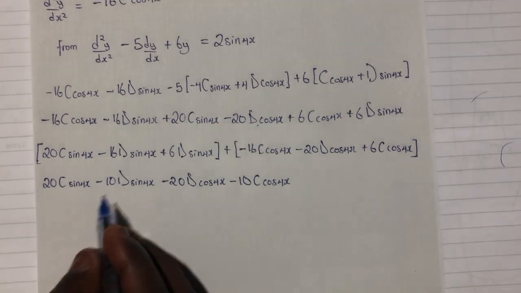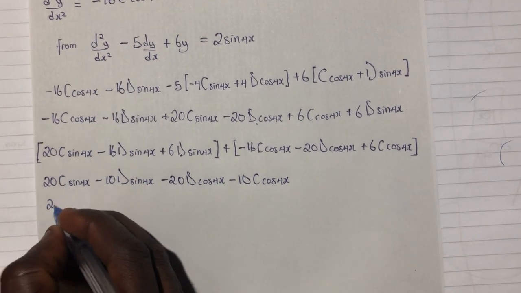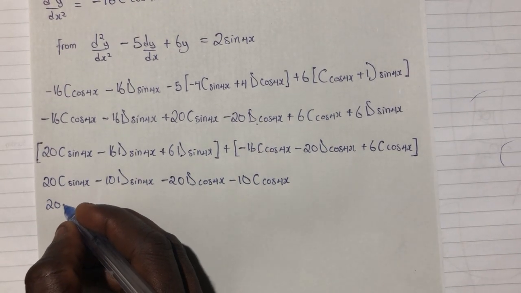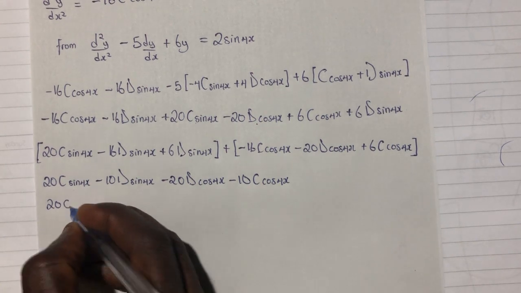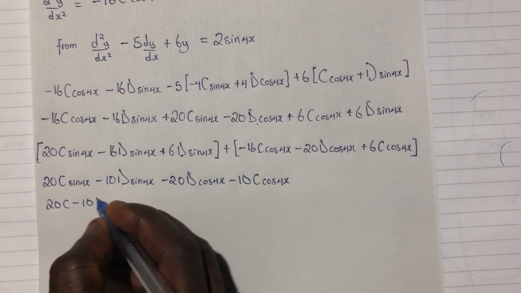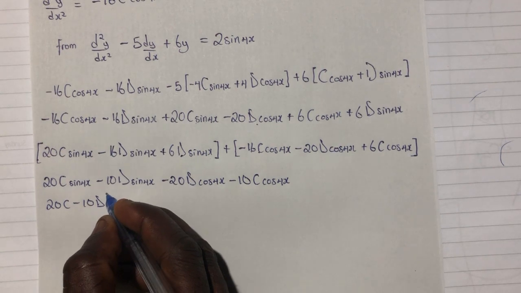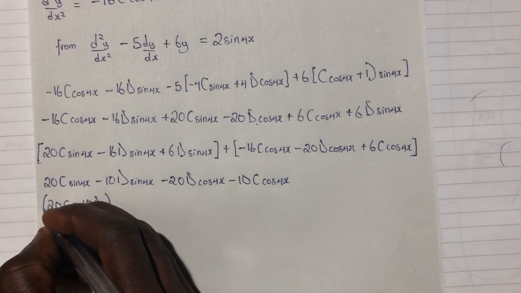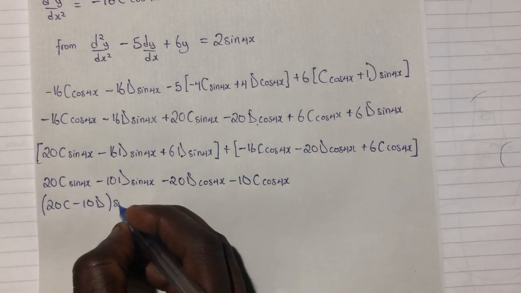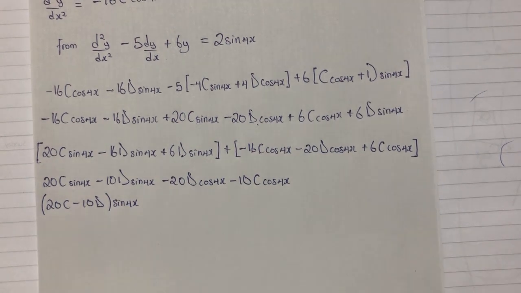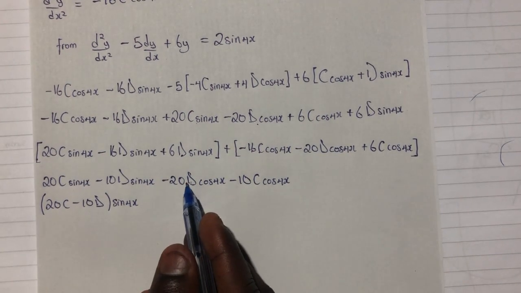So this is going to give us 20c minus 10d, all bracket, sine 4x.